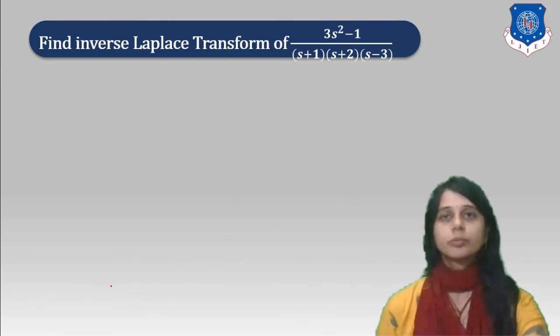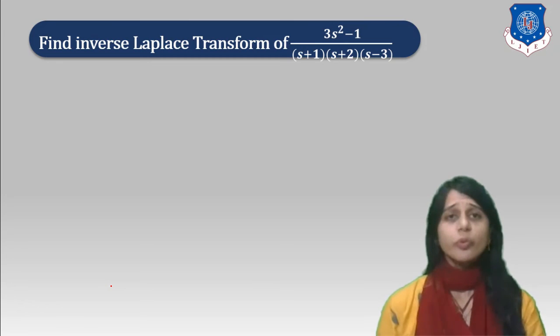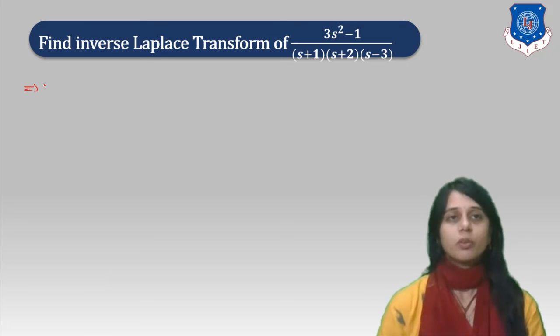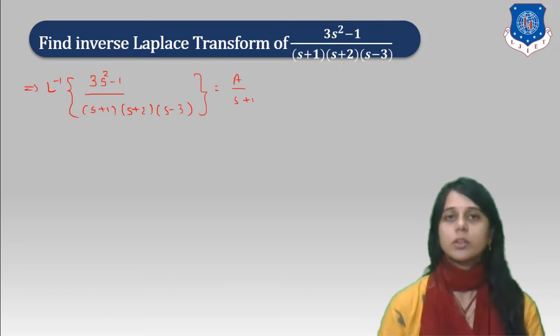Next example. Find the inverse Laplace transform of (3s square minus 1) upon (s plus 1)(s plus 2)(s minus 3). First of all, Laplace inverse of (3s square minus 1) upon (s plus 1)(s plus 2)(s minus 3). We take A upon s plus 1, B upon s plus 2, and C upon s minus 3.